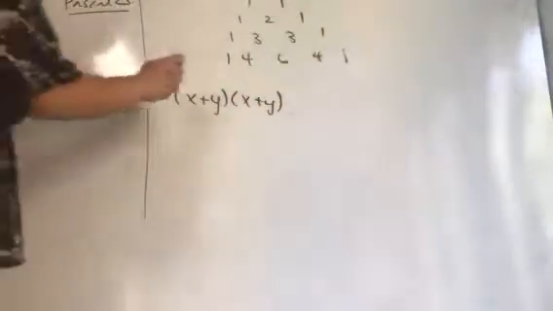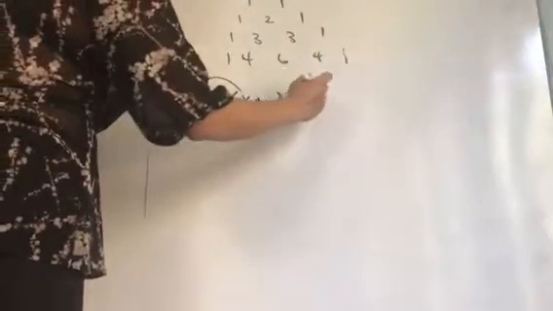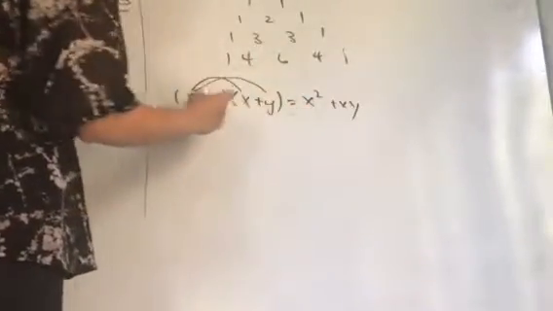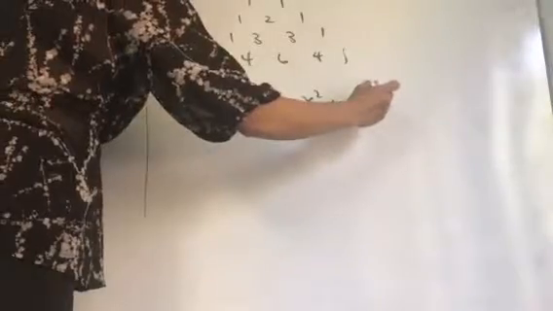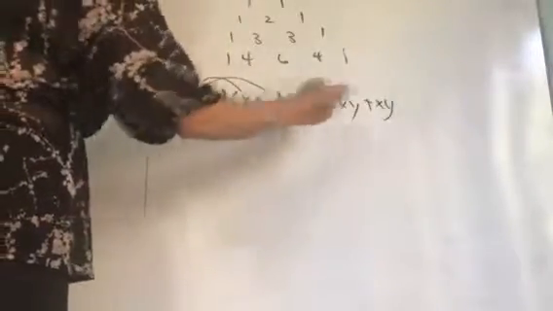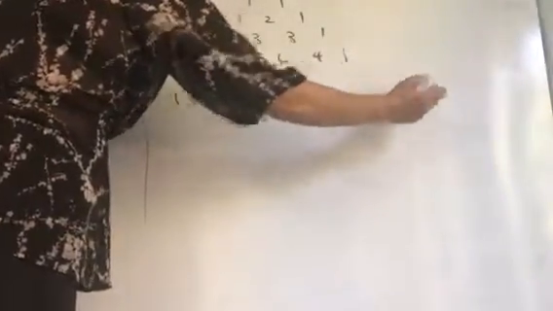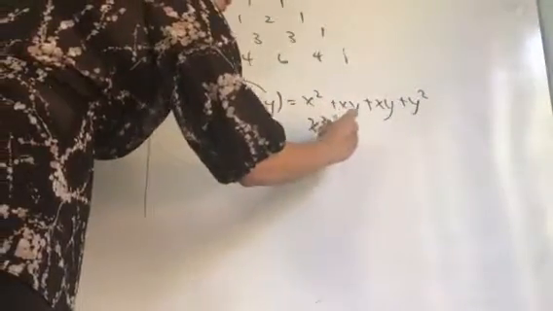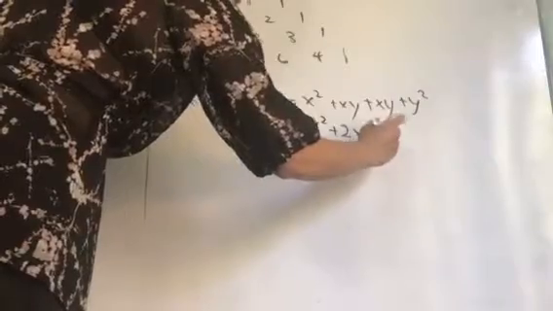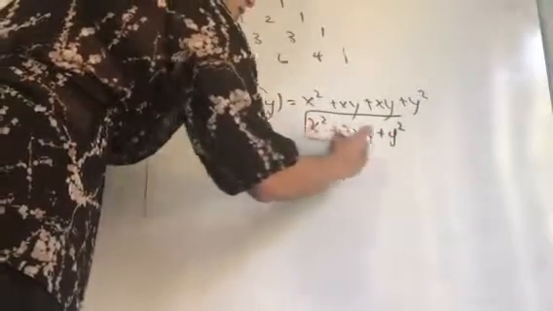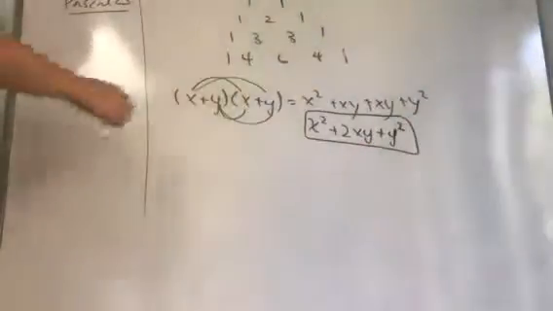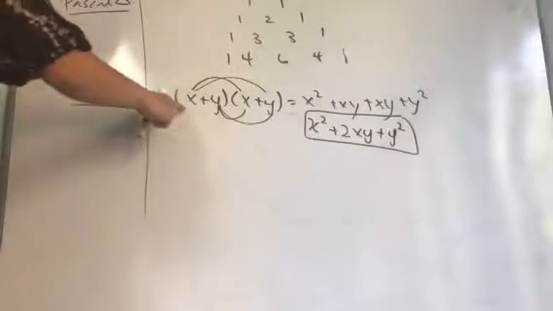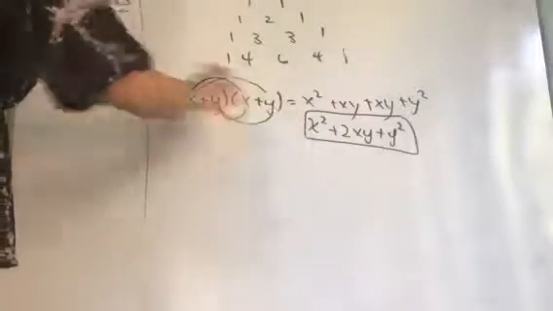If we distribute this out, we get x squared, xy, plus xy, and distribute that and get y squared. If we clean it up, we get x squared plus 2xy plus y squared. So that's the expanded form of these two binomials that are multiplied by each other. In other words, (x plus y) squared is equal to this.